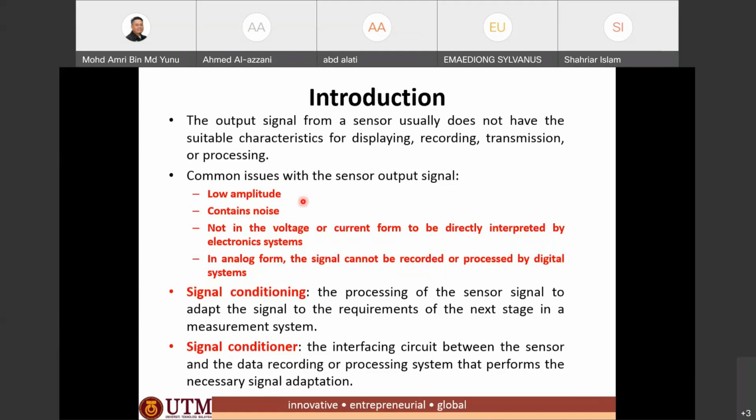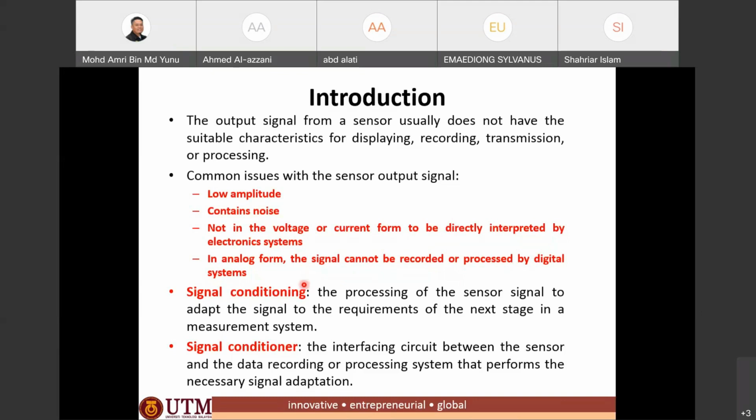Also, sometimes the output is not directly an electrical signal, so we have to do some process. There is also the matter of how to communicate between an analog system and a digital system. Usually the controller is a digital system, so we need to do some conversion so that the digital part of the process can understand.